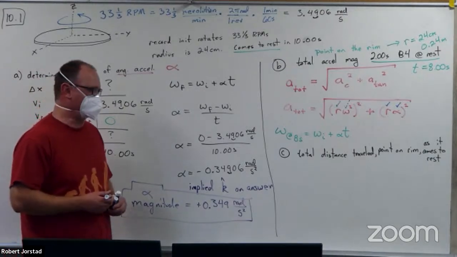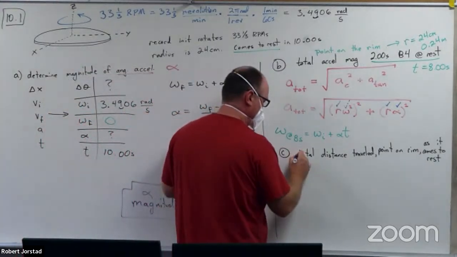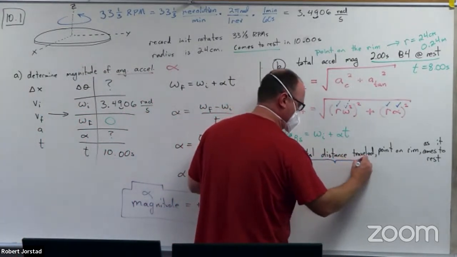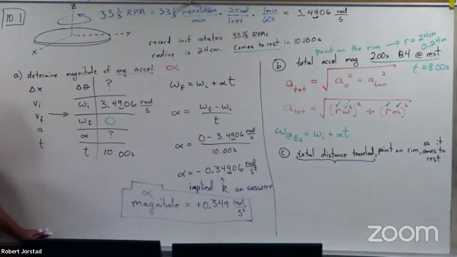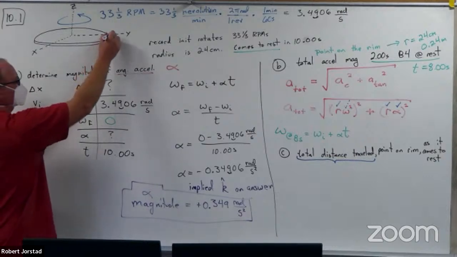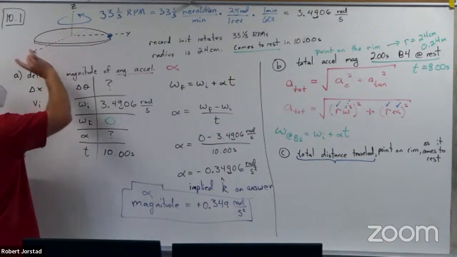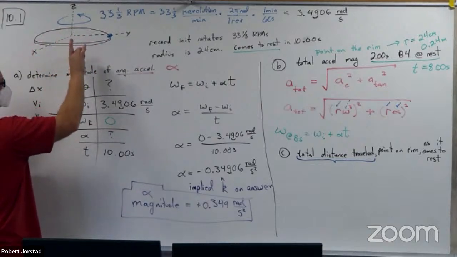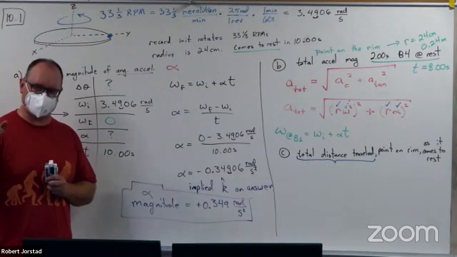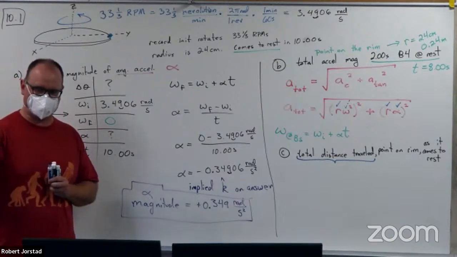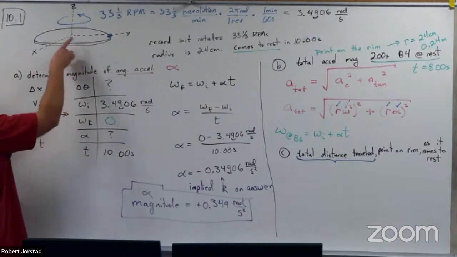What am I looking for when I say total distance traveled? What variable does that mean? You're a point on the rim. What would be a good name for the distance traveled? Theta would be angular distance traveled. So that's related, but not right. What do you think it might be then?